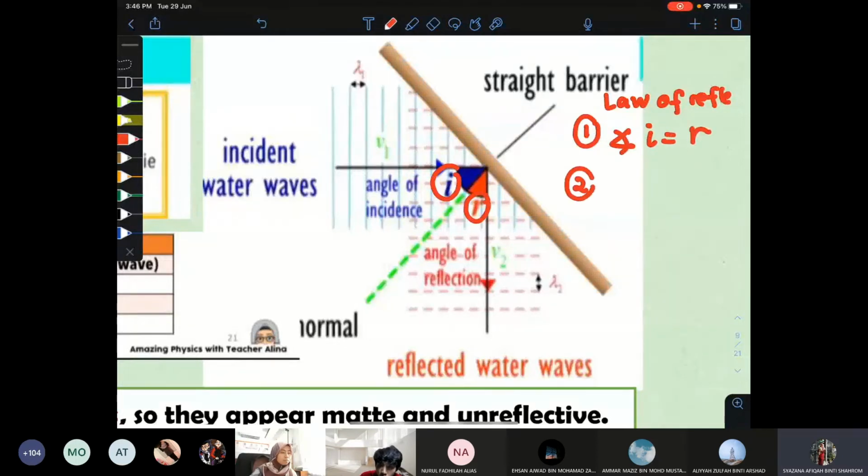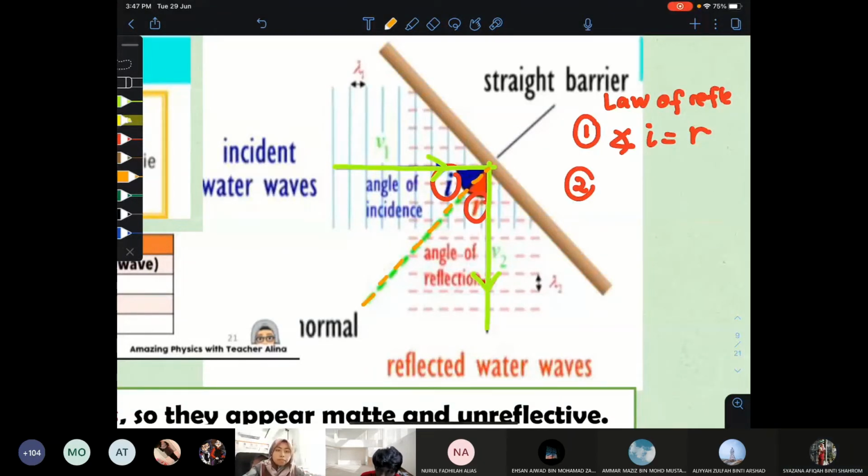And the second one, let's see. Okay, what else do you see in the diagram? We see the incident line, we see the reflection line, and then we have the normal line.